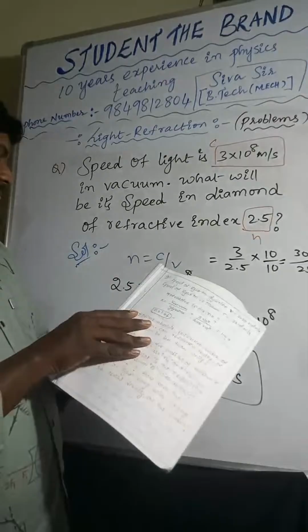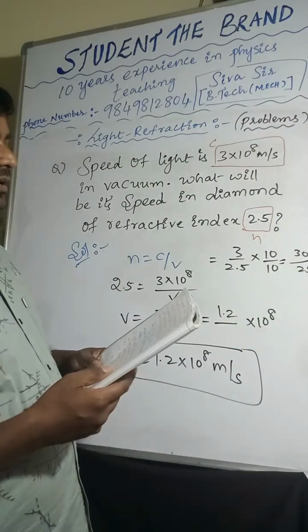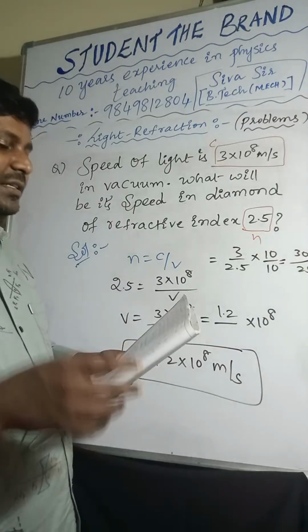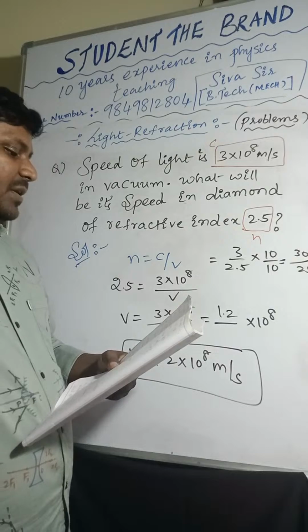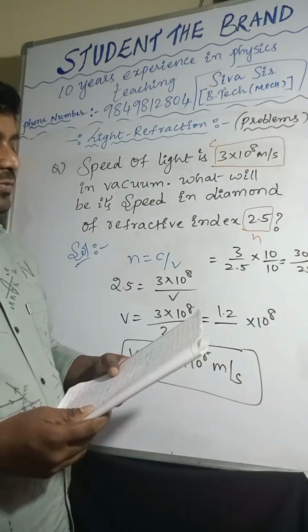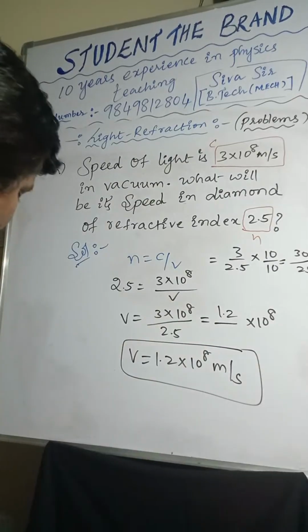You can see the refractive index of alcohol and turpentine with respect to air are 1.35 and 1.47 respectively. So I will write the question. Just check it once. Clear?